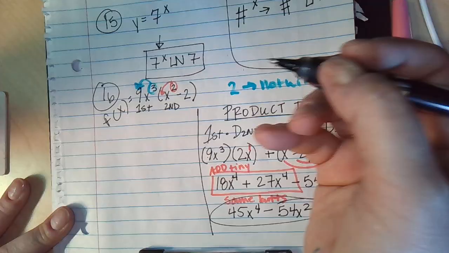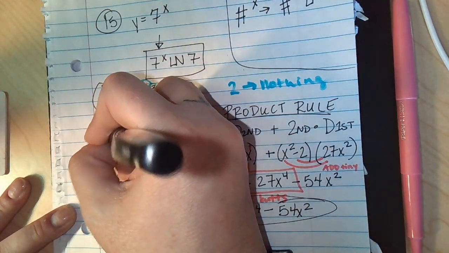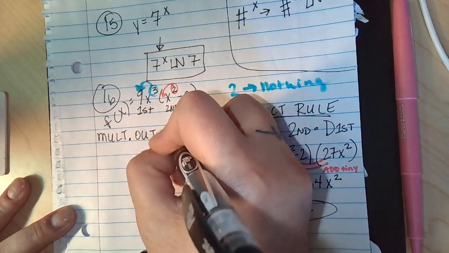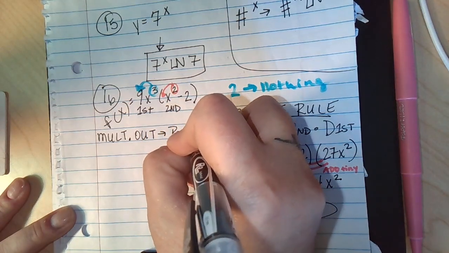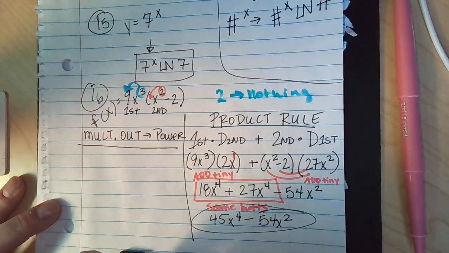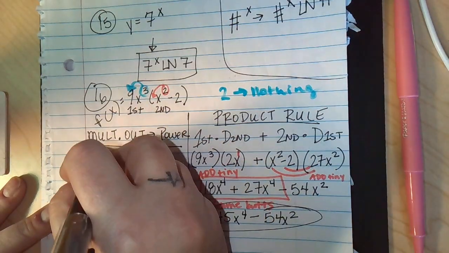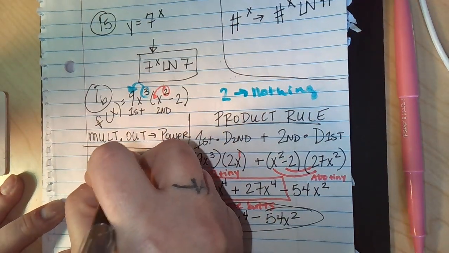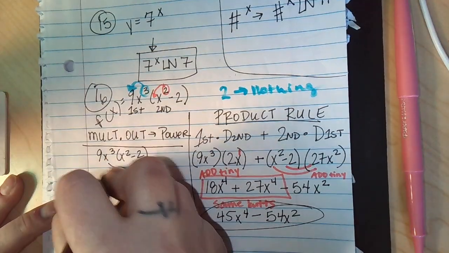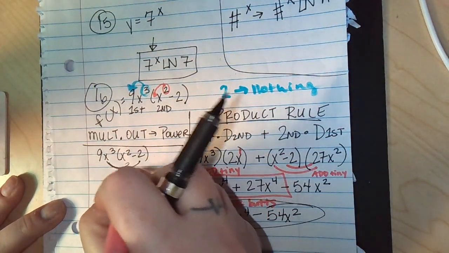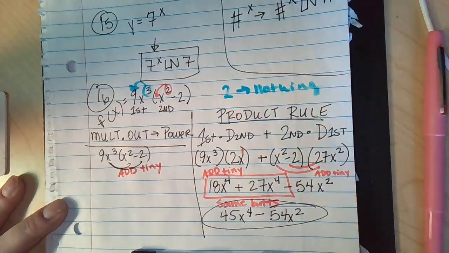If you just multiply it out, then use the power rule, it might be a little bit easier for you. So you get to choose what you want to do. If I multiply this out, let's not forget that when you multiply, you add the exponents.